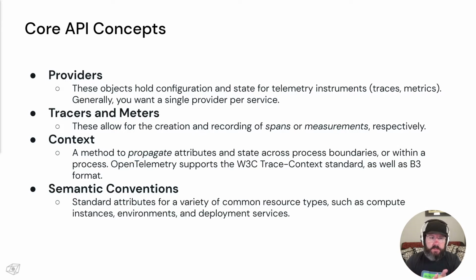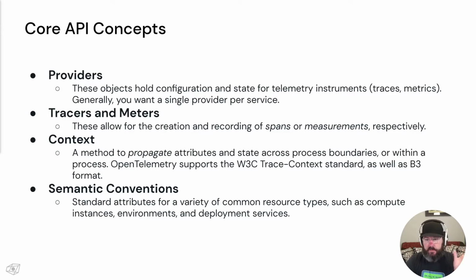If you're creating traces, then you have a tracer provider. If you're doing metrics, then you have a meter provider. And like I said, you generally want one of these per service just to make your life easier. If you're familiar with OpenTracing, you can get multiple tracers from a single provider, each with a different name, and those names will namespace telemetry data that comes out of them.